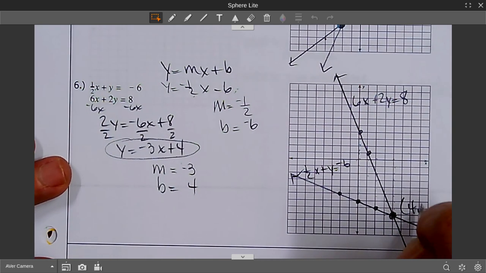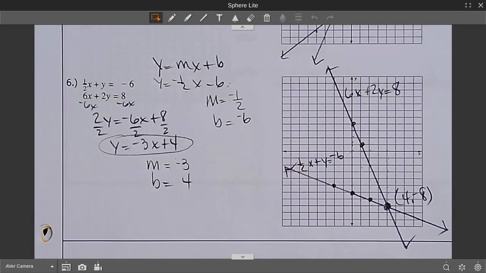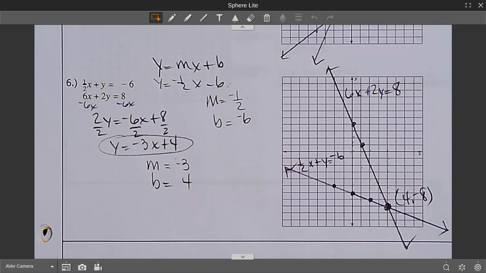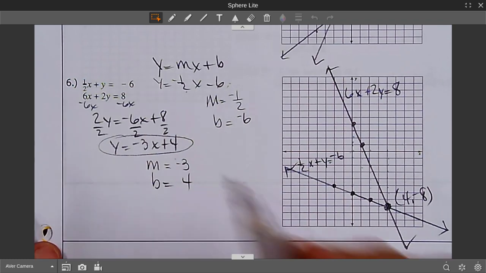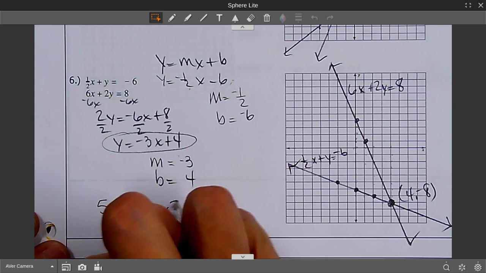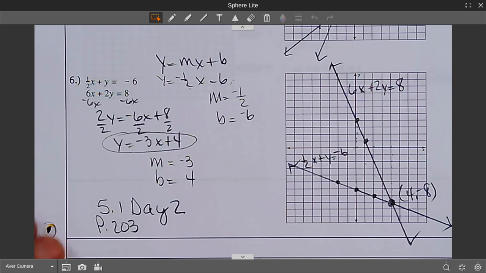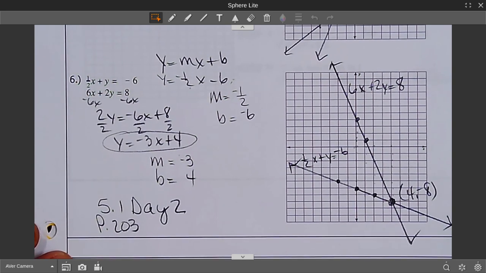Here's my solution. It's -4, -8. Did you label your lines? Any questions? None? You feel okay about it?